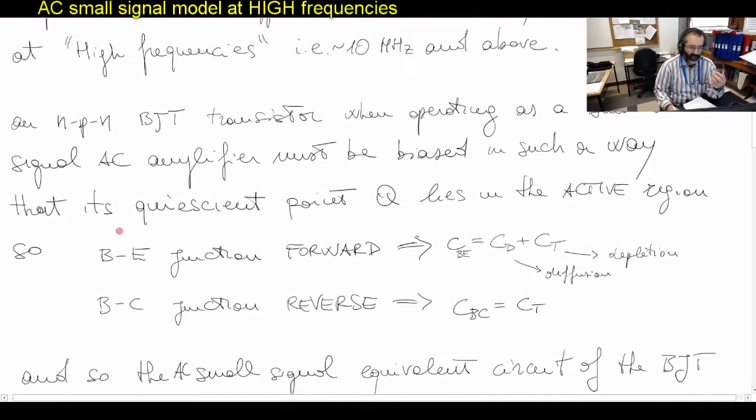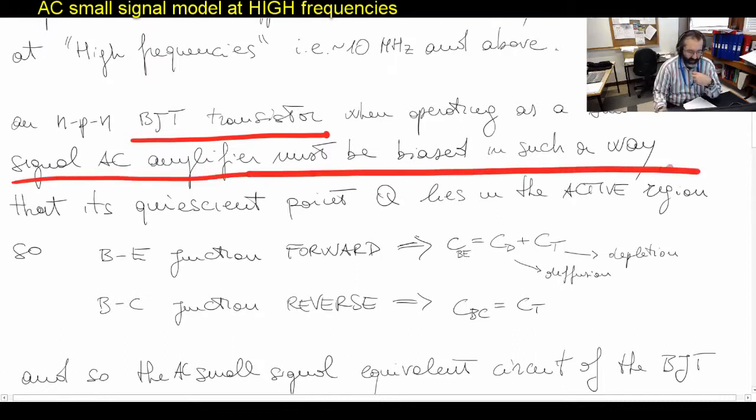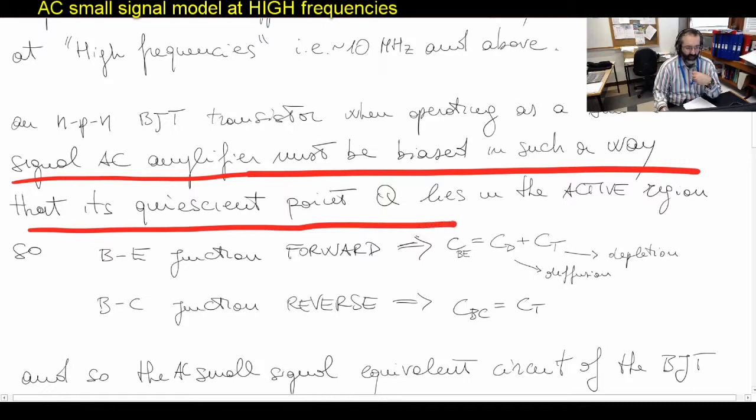The main point to realize is that when we have our NPN BJT transistor operating as a small signal AC amplifier, it is biased in such a way that the quiescent point lies in the active region.